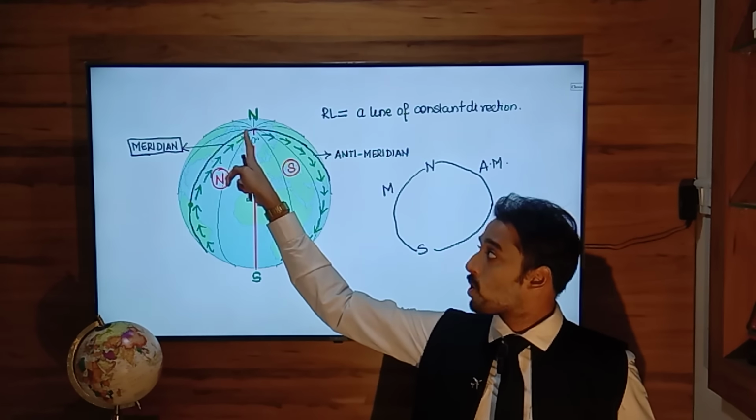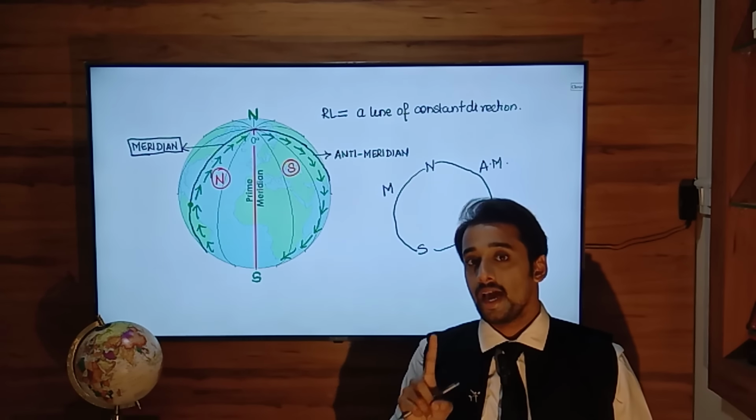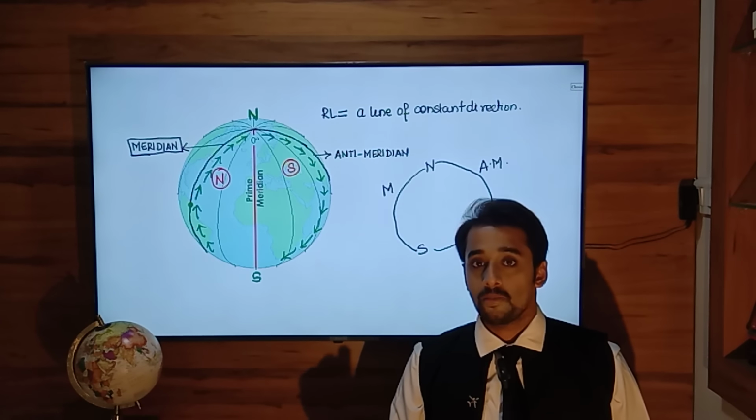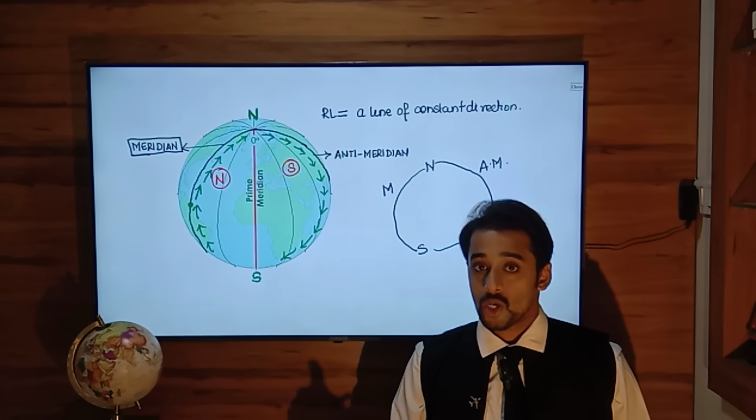After crossing the North Pole, your magnet will start pointing towards the South Pole. So a meridian and its anti-meridian together will be a great circle, but not a rhumb line.